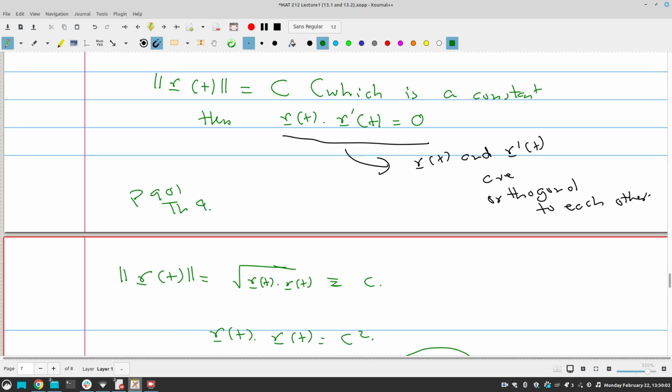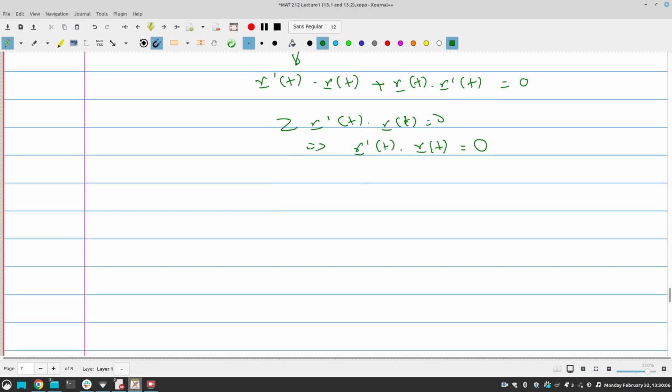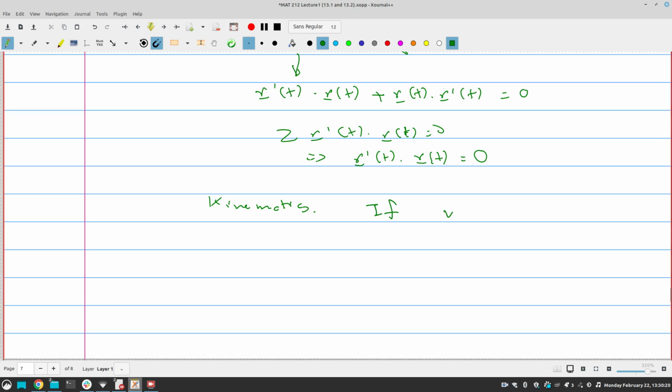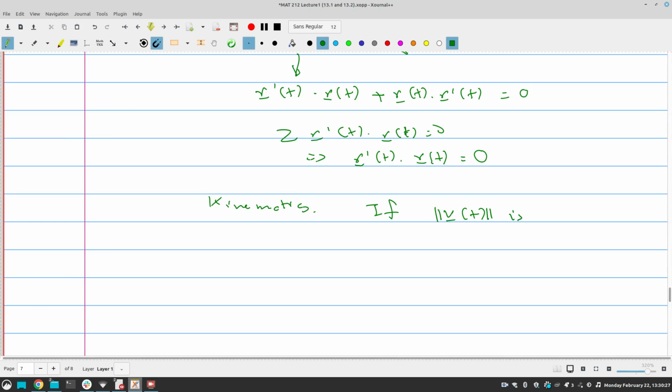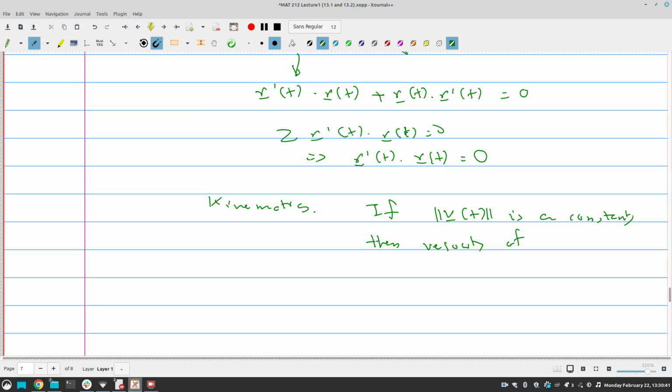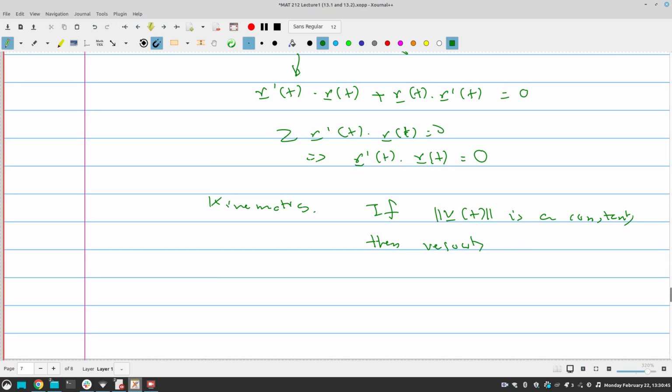For example, in kinematics, if the magnitude of the velocity v t is constant, meaning the speed is a constant, then velocity is perpendicular to acceleration.